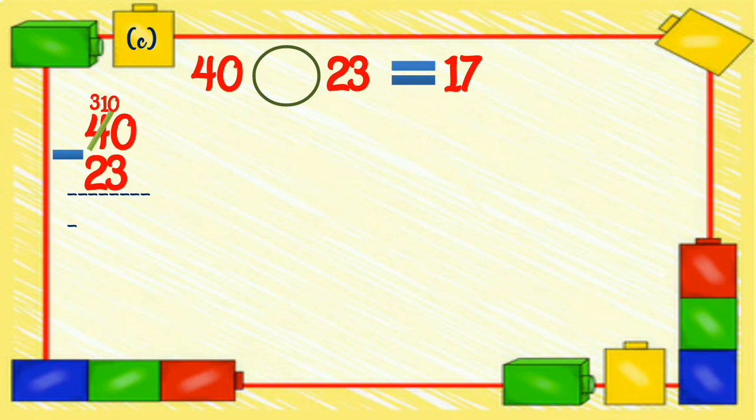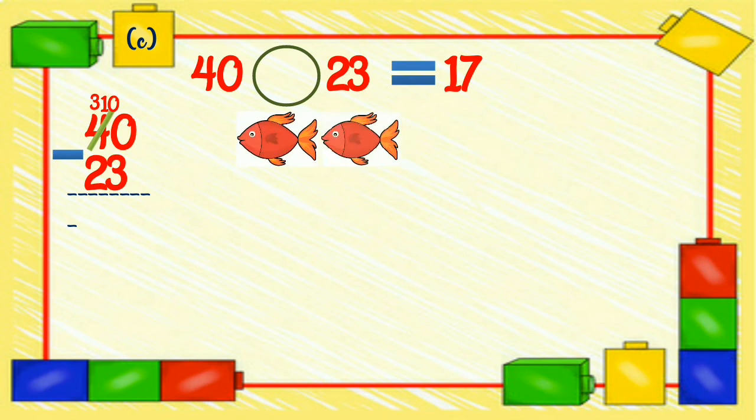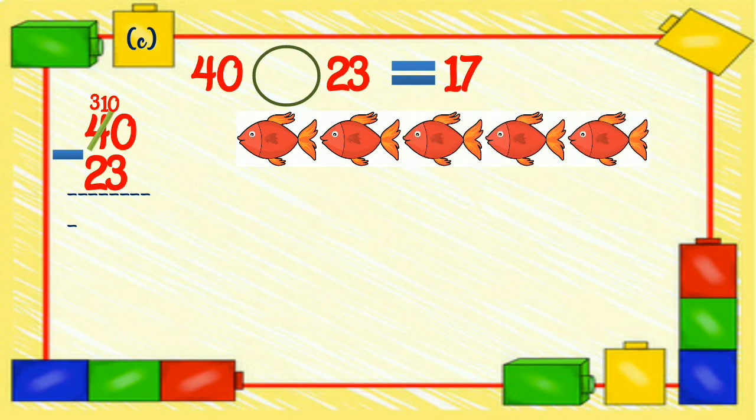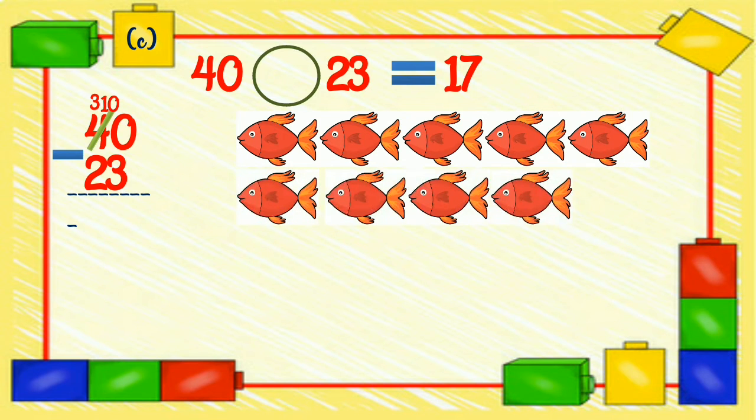Now we have 10 on the 0, and now 10 minus 3 is equal to 7. Now 10 minus 3. Firstly 1, 2, 3, 4, 5, 6, 7, 8, 9 and 10.